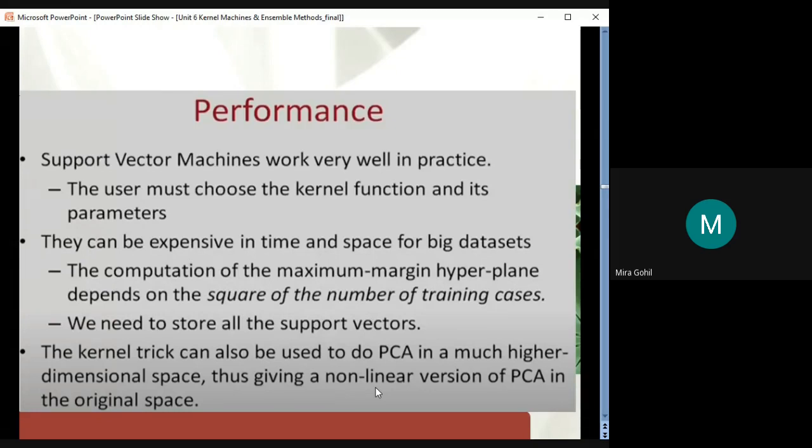Okay, so if we talk about the performance of this support vector machine, then the performance is very good, of course, but we require to choose the perfect kernel function and its parameters to get the optimal output.